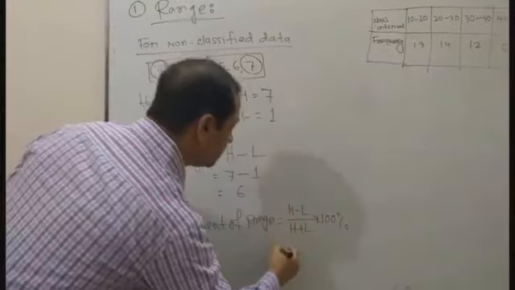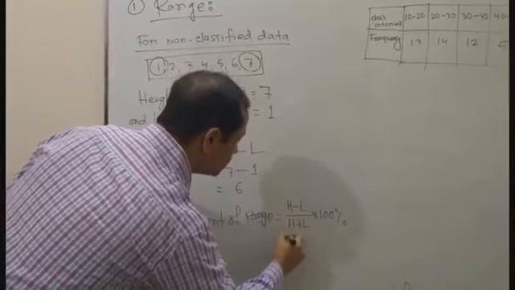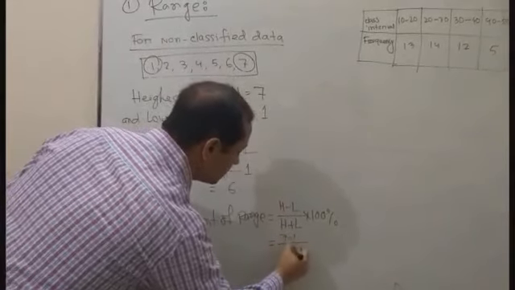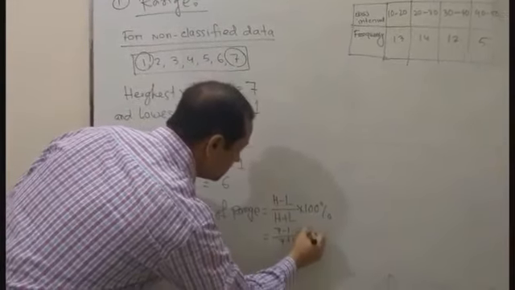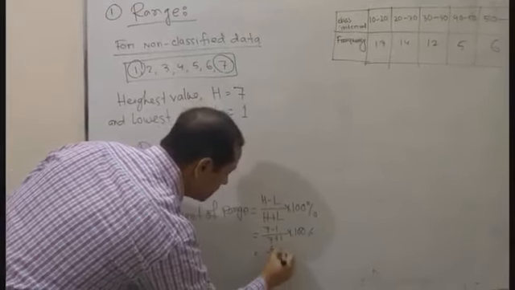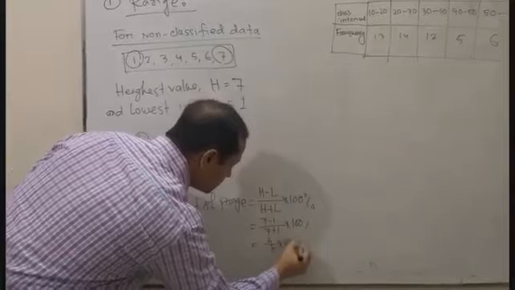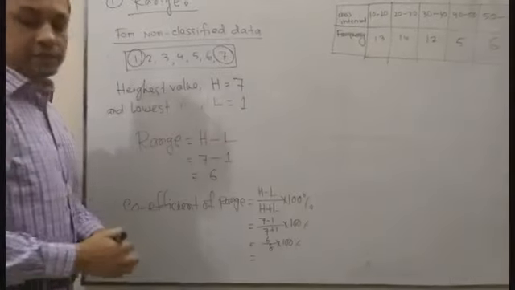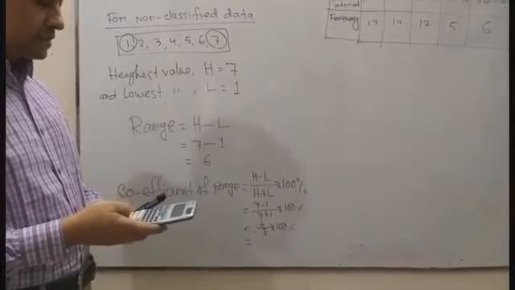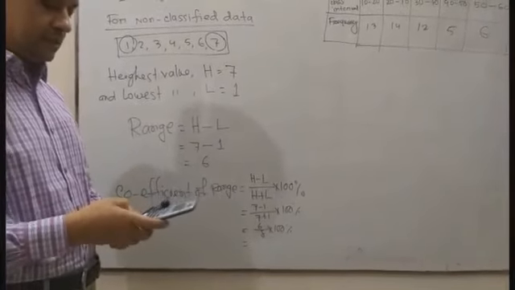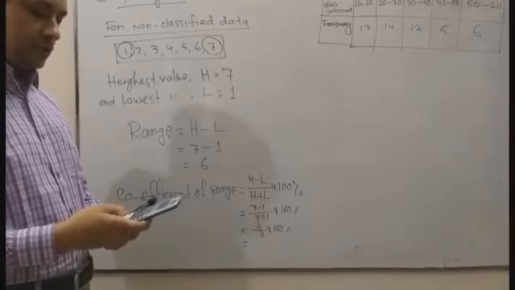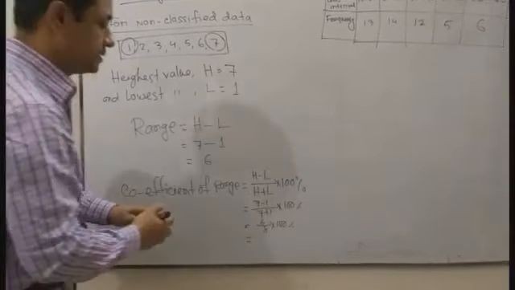Now putting the values, H is 7, so 7 minus 1 by 7 plus 1 into 100%. So 6 by 8 into 100%. Now using the calculator, 600 by 8 equals 75%.